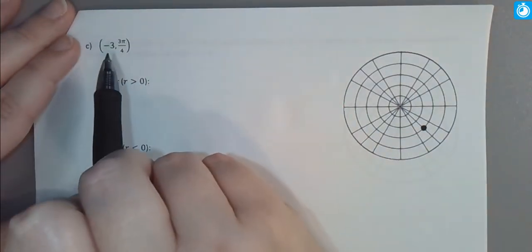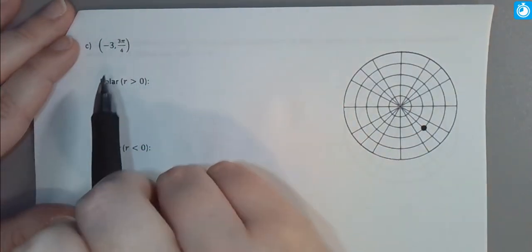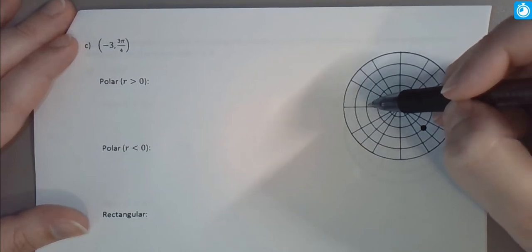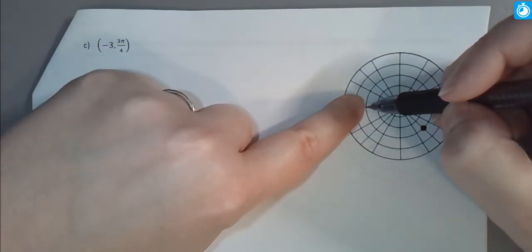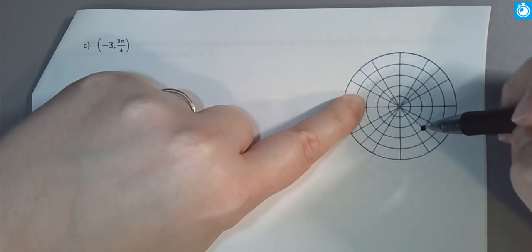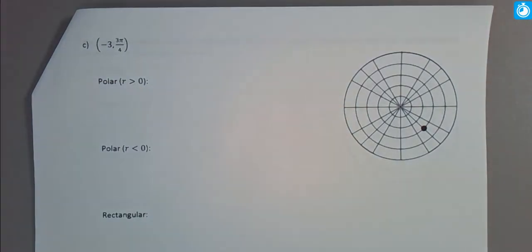Now, if we were to start with r and then graph theta, that means we would start negative 1, negative 2, negative 3 over here, and then rotate pi over 4, 2 pi over 4, 3 pi over 4 radians from there. So there are alternate ways to graph. You can graph from theta or from r first. You just have to make sure you know what these negatives mean. What does a negative r value mean? What does a negative value for theta mean?